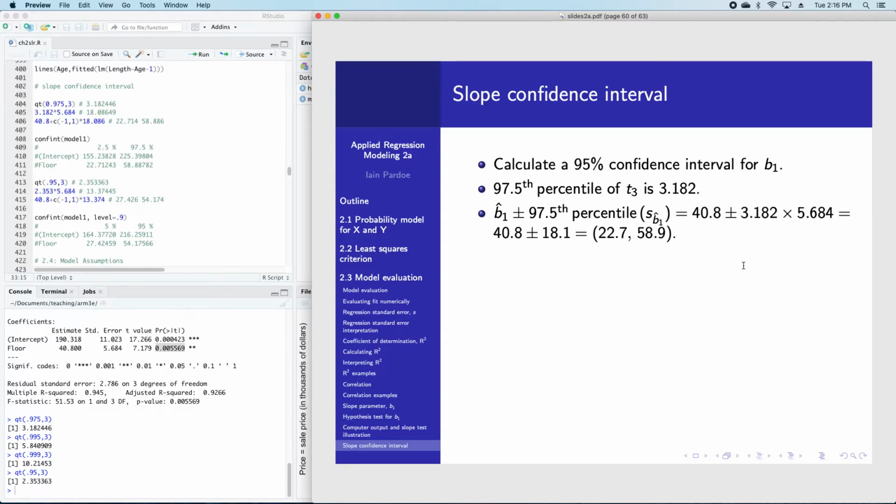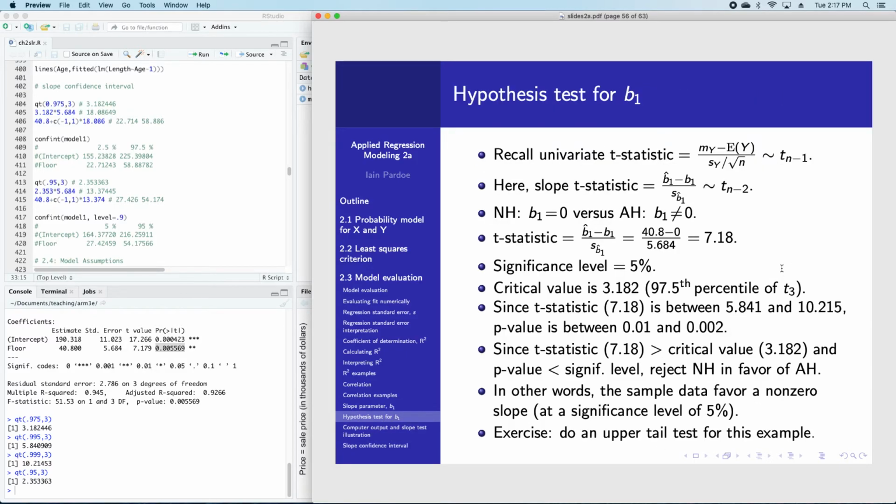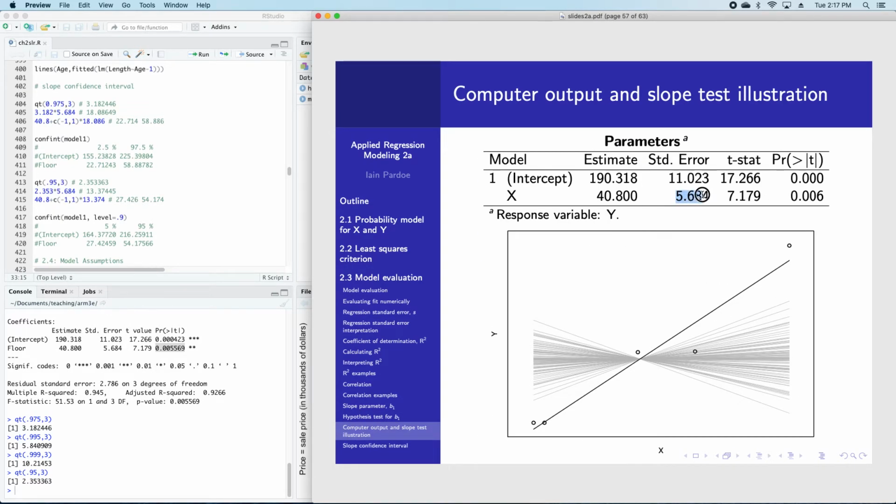So now I can just calculate this out. It's the usual format for the confidence interval: estimate plus or minus t percentile times standard error. Here's my estimated slope, 40.8. Here's my t percentile, 3.182. And 5.684, that was the standard error for the slope.